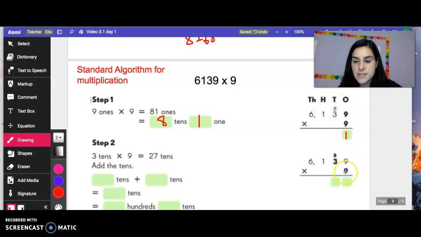Then we move on to the tens place. 3 tens times 9 is 27 tens. But we have to add from before. We have to add the 8 tens from before. So 27 plus 8 is 35 tens. Can't put 35 right here, so I regroup 35 tens to be 300s, 5 tens. So now we're at 1, 5, and we regrouped.